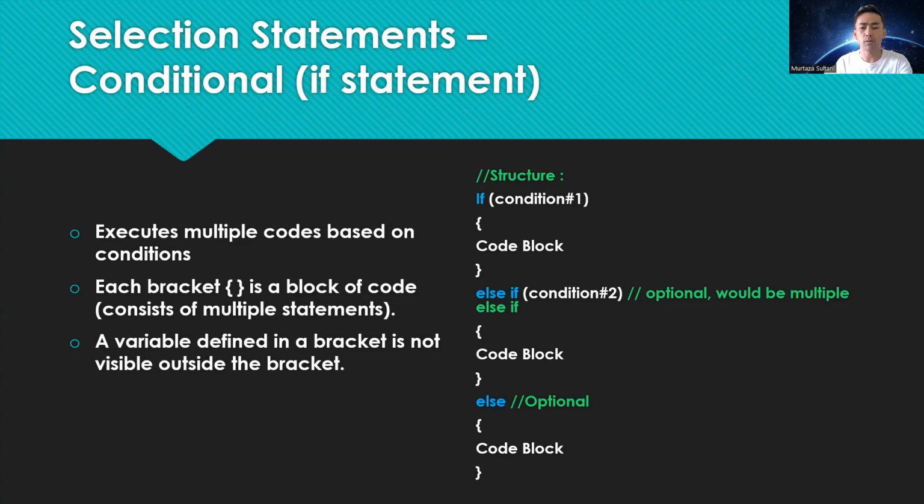Each bracket is a block of code and may consist of multiple statements. A variable defined inside a bracket is only visible inside, and it will not be accessible or visible outside the brackets.